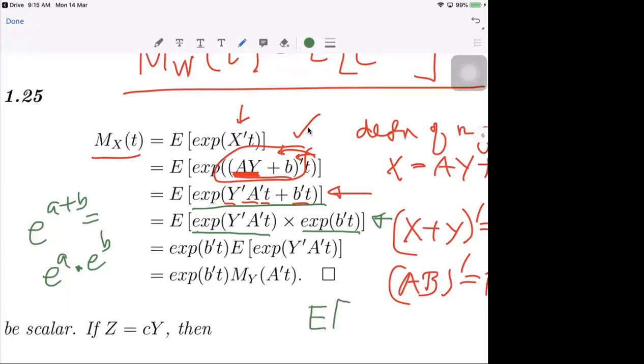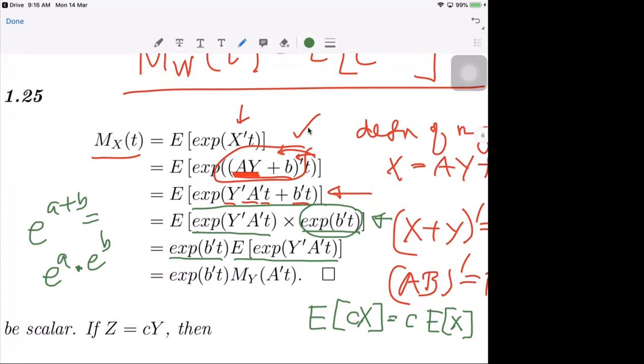The expectation of a constant times any random variable is the constant times the expectation, so you can put the constant outside. What remains is the expectation of the exponential of Y prime A prime t.